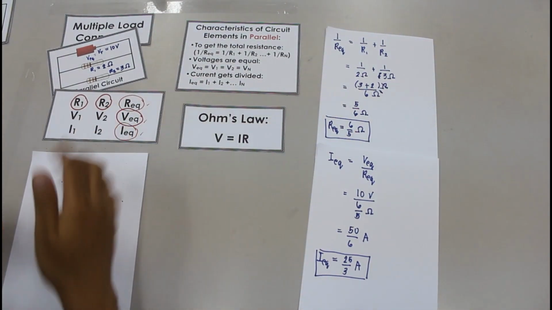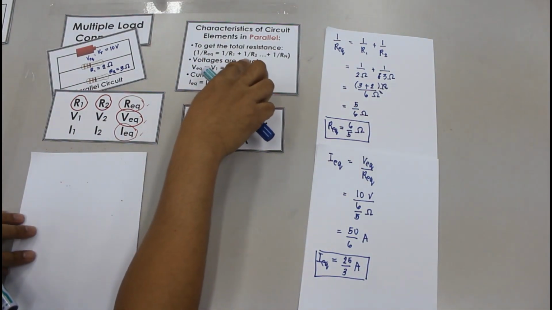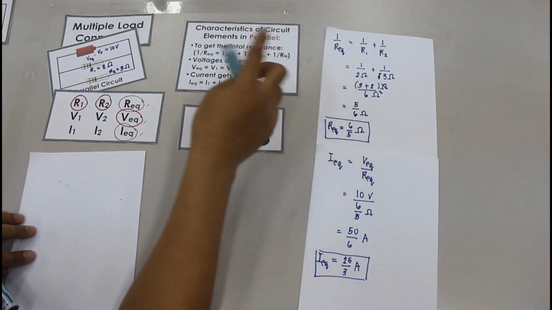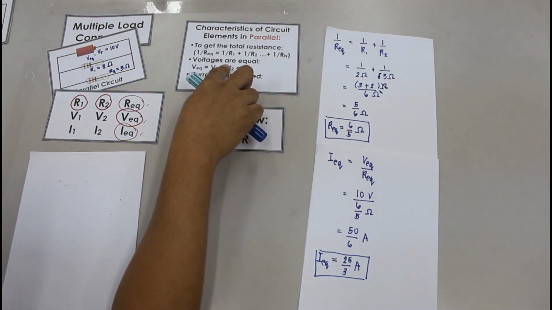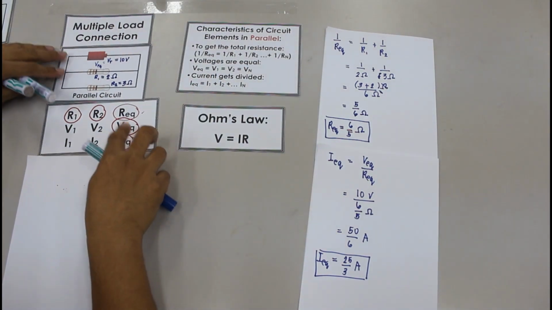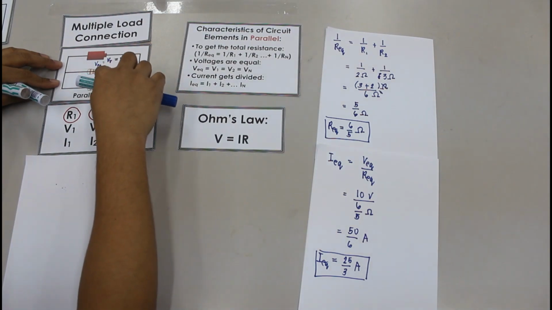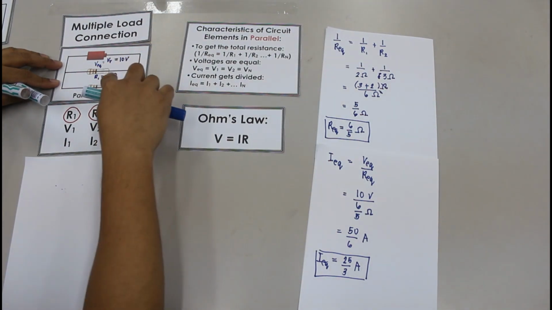Next, we can note that one of the features of circuit elements in parallel, voltages are equal. That means to say that whatever the voltage equivalent is, that will also be the value of the V1 here and the V2 here.